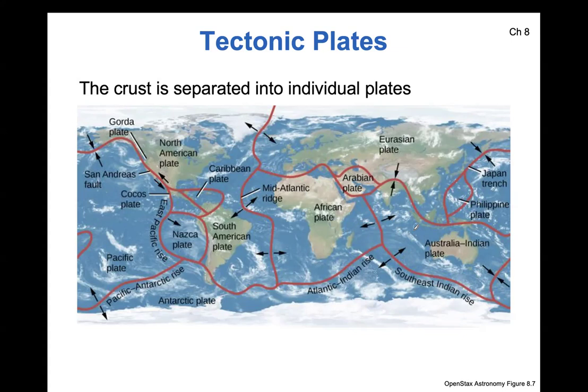That's because these are plates that are pulling apart, but they're not pulling apart for no reason. Rather, they're getting pushed apart by an upswell of newly created plate matter.